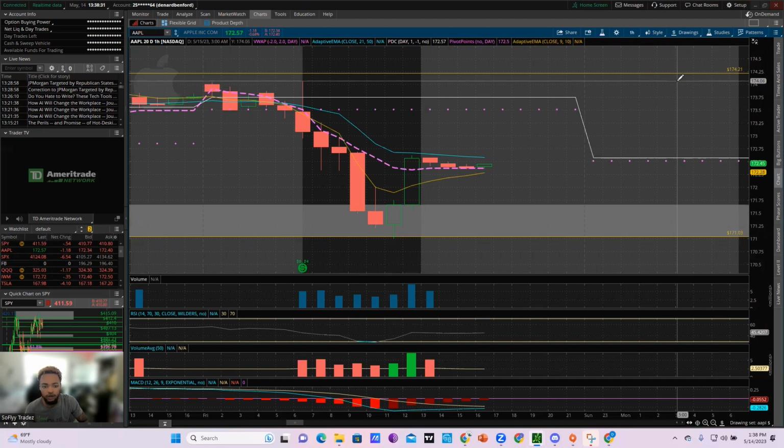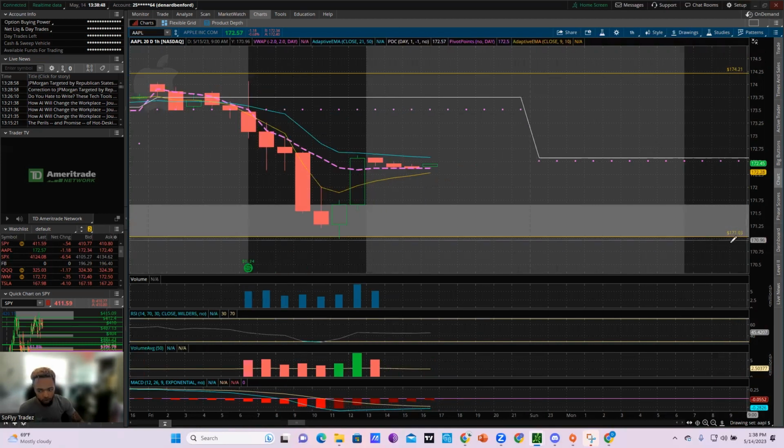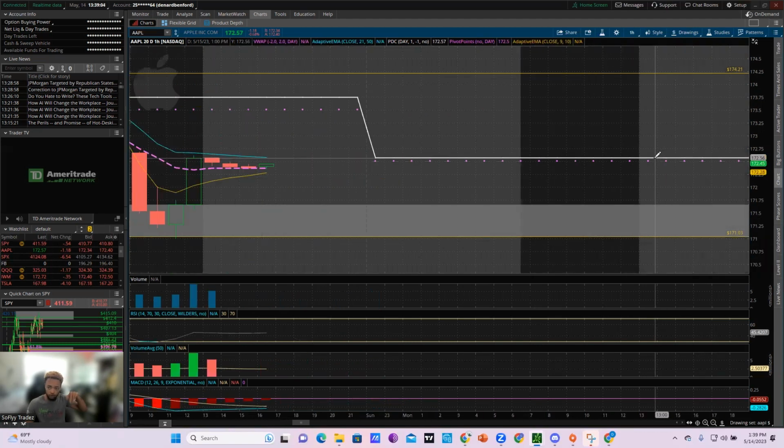If we start rejecting around 174, I'll be looking to take puts down back to 171. First price target will be 171.61, simply because we're in an uptrend, so we might not break these lows, and we might hold this demand zone. So I'll be taking my profits in here. And if we do get down here and I see buyers start to step in, I'll be taking calls from 171 till prior day close, 172.